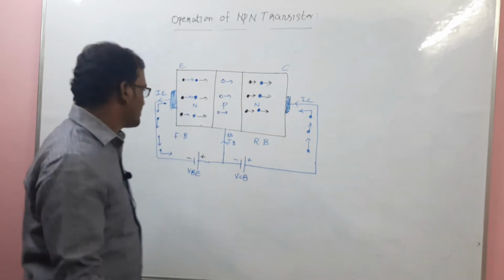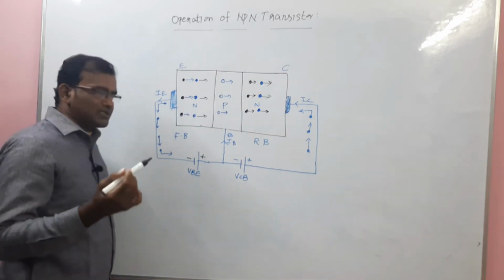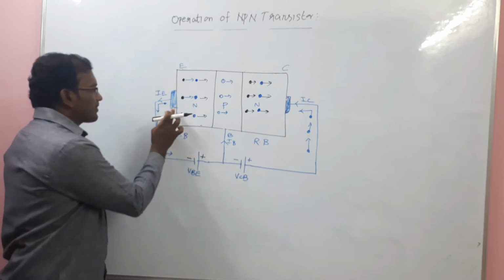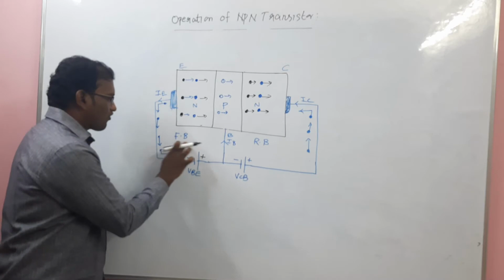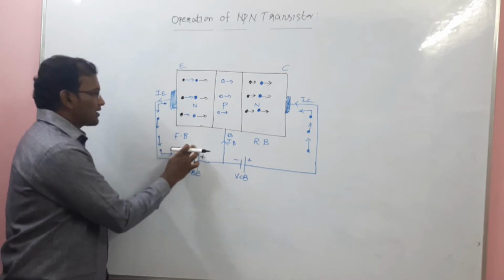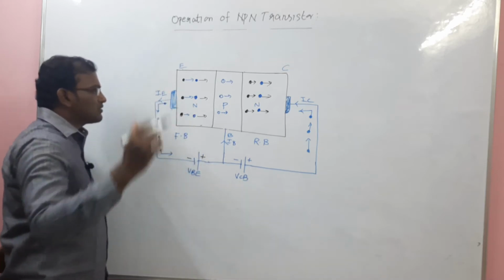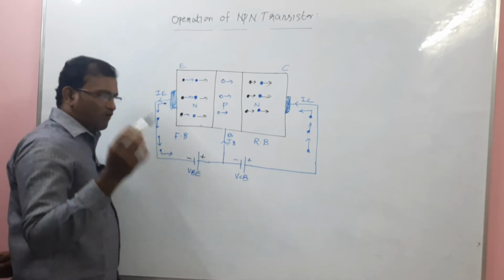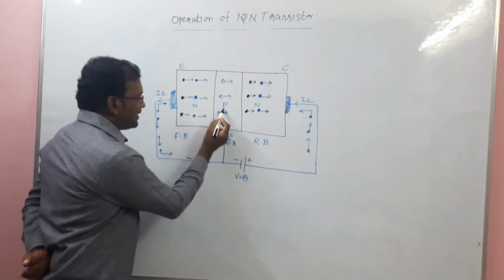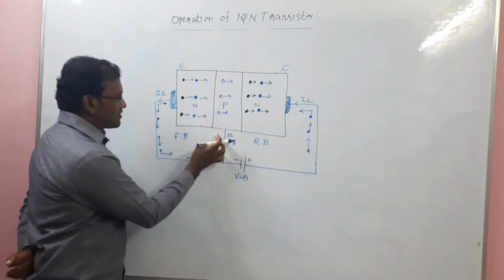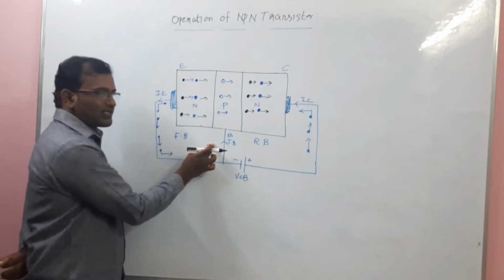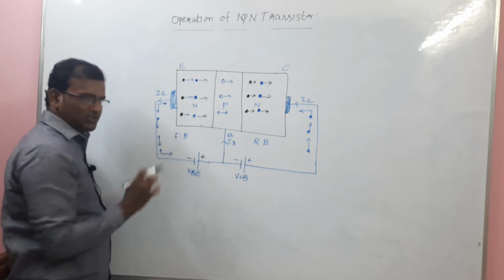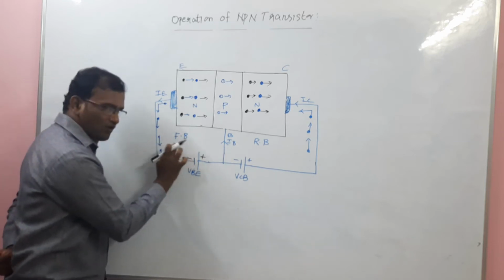Now I need to connect a supply voltage to the emitter and base. What type of supply? Forward bias. We are talking about the emitter-base junction, so we connect the supply voltage between the emitter and base junction, and it acts as a forward bias.